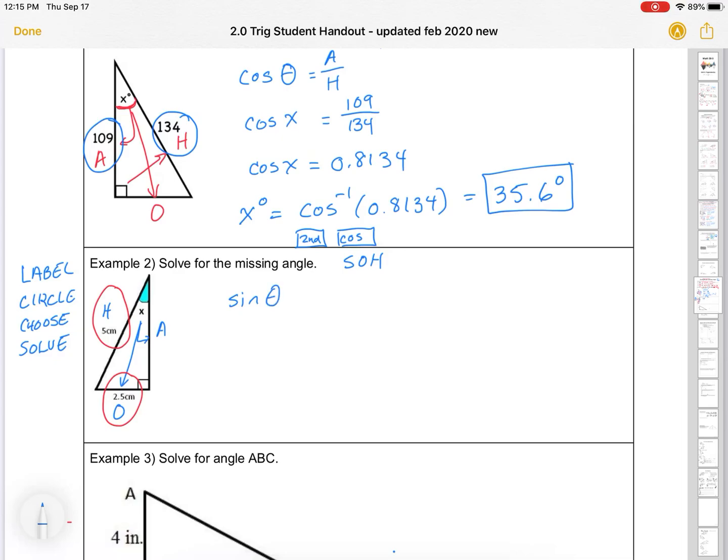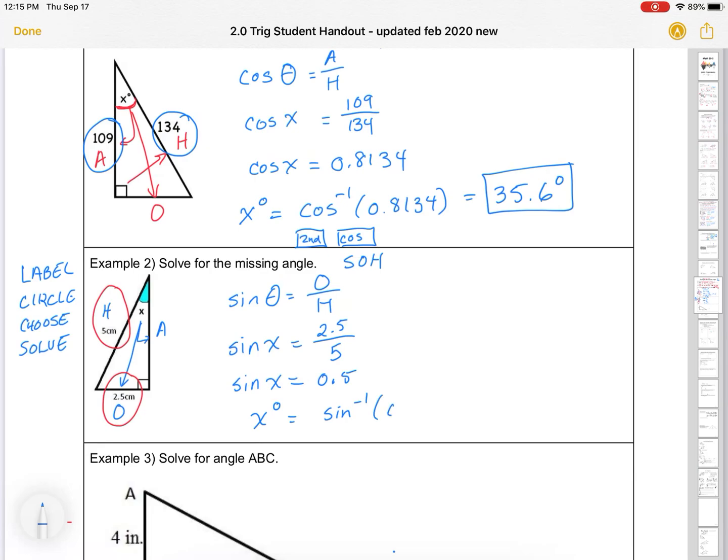So sine theta equals opposite over hypotenuse. Substitute in what you know. We're looking for sine of x. Opposite is 2.5 over our hypotenuse, which is 5. So we're going to divide those: 2.5 divided by 5 is 0.5.